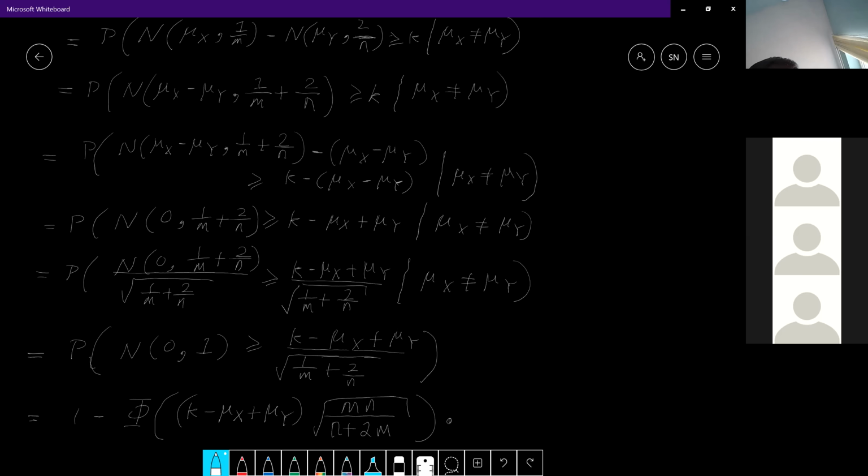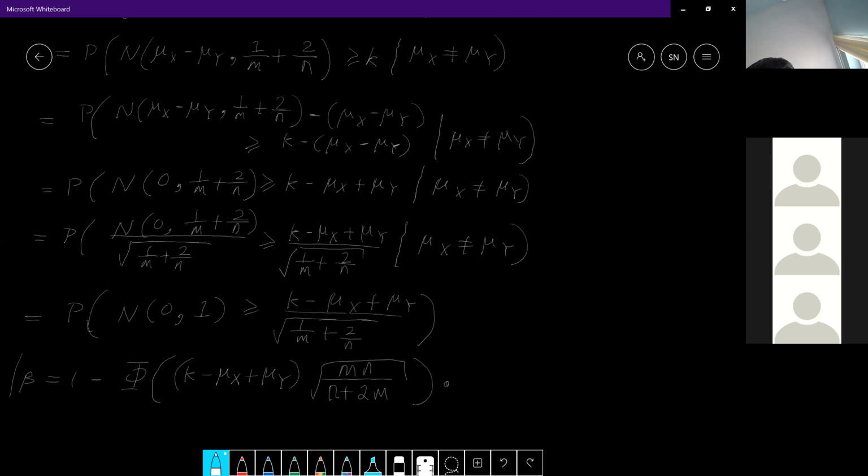So this is the expression for beta. So just to summarize, what we have shown is that beta, the probability of type 2 error, is equal to this one here. All right.